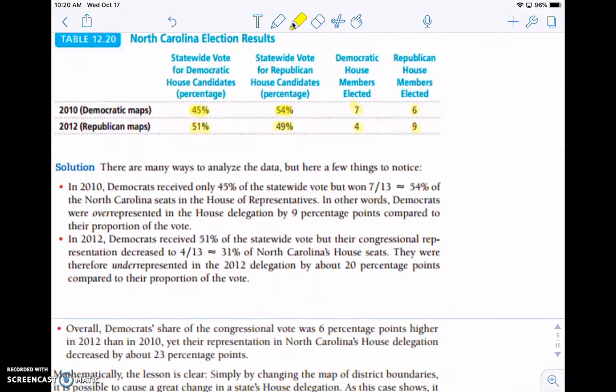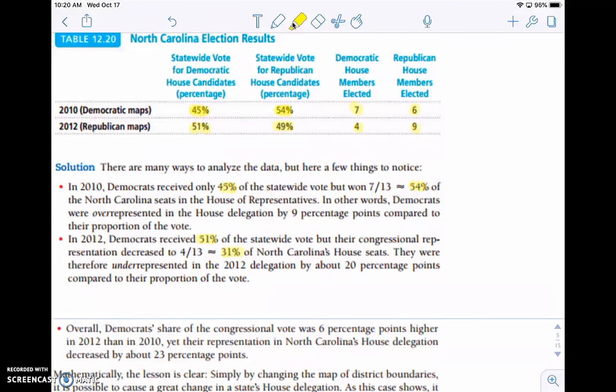There are a lot of ways to analyze this, but notice some of the things I pointed out. 45% in 2010 is how much the Democrats received in overall vote, but they had 54% of the seats. In 2012, 51% voted Democrat, and they only had representation at 31% of the seats.